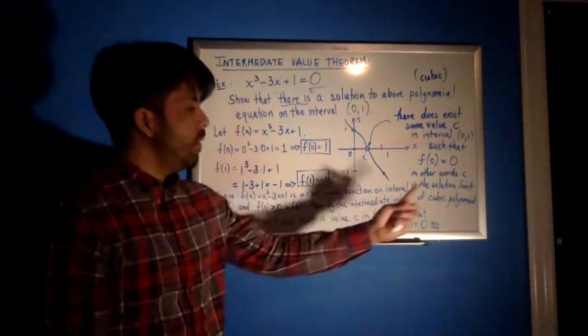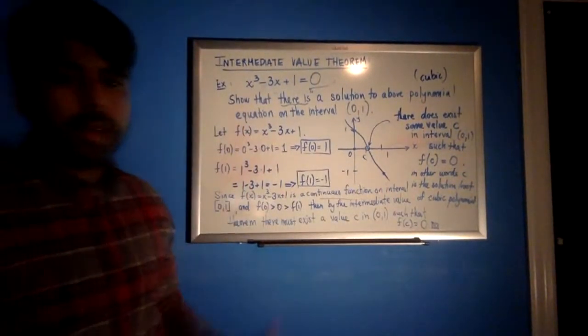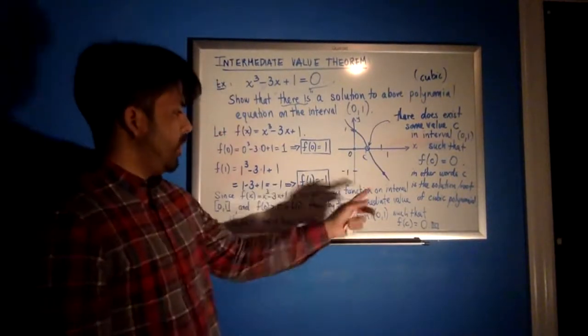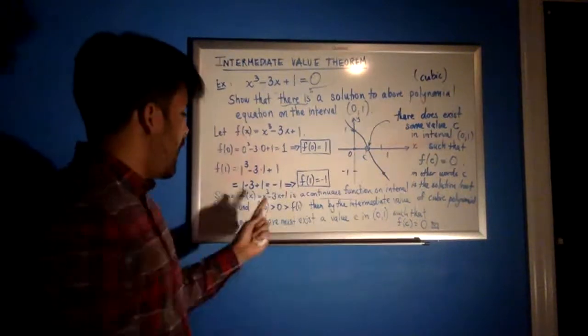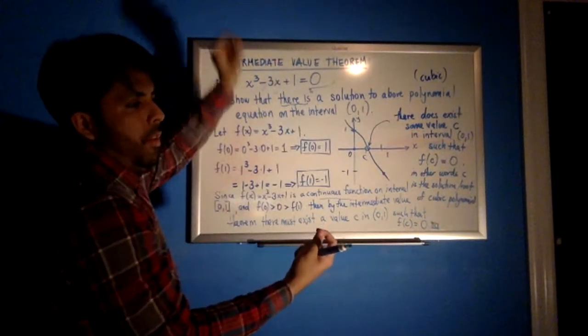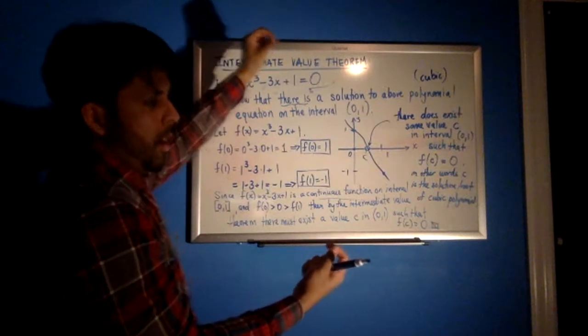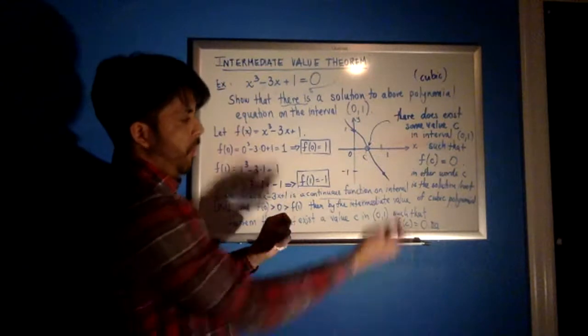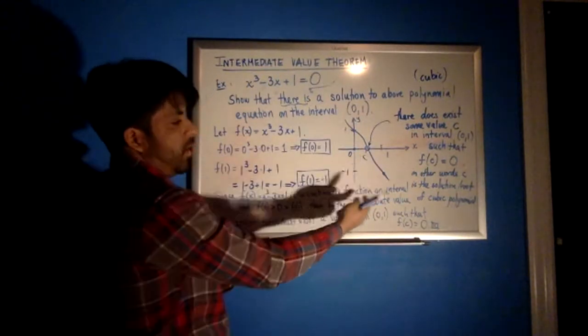I have invoked the intermediate value theorem based upon the condition that my function is a continuous function, and at one of the endpoints the value of the function is above 0, and at the other endpoint the value of the function is below 0.